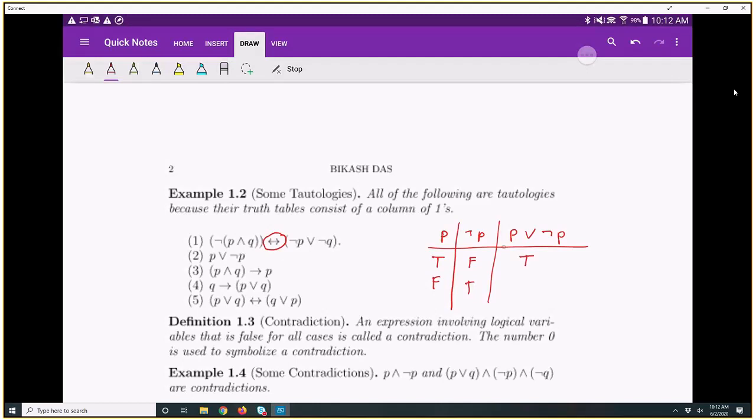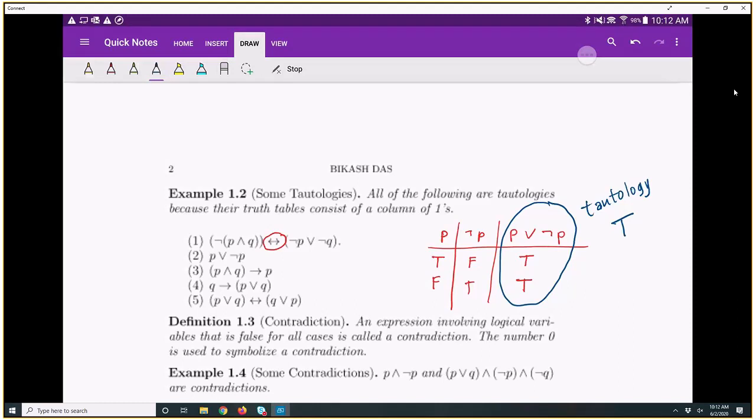In the first row, I get true from P, so P or not P is true. In the second row, I get the true from not P, so P or not P is true. When we see a column in a truth table where all of the entries are true, this is called a tautology. This will be denoted with a capital T, or perhaps the number 1.